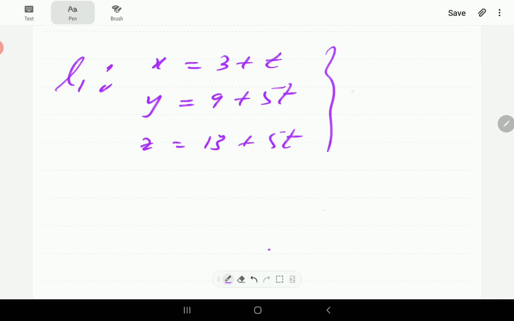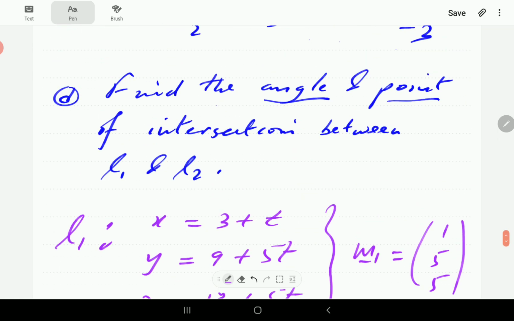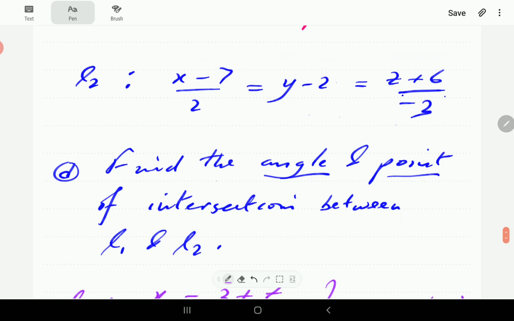So the important thing from these are the coefficients of the t, which give us the direction vector. So for L1, m1 is (1, 5, 5). Then we're going to do the same thing for L2.